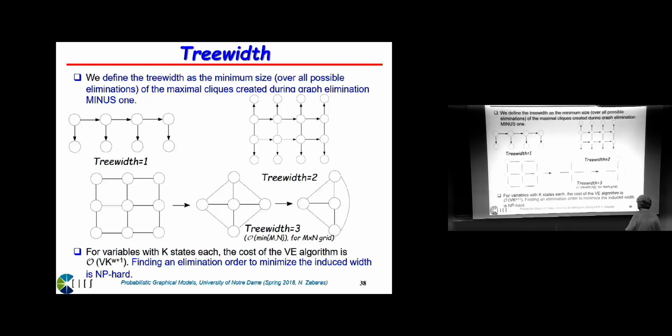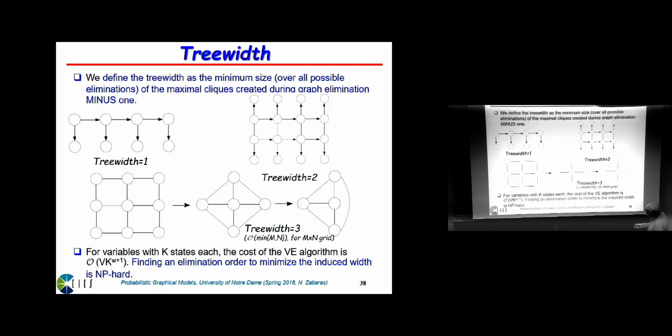More complicated case. Obviously the cost of the calculations, if every variable can take k values, the cost at every node is k to the w plus 1, where w is the tree width, and then times v. This gives you the order of the cost of the calculation.